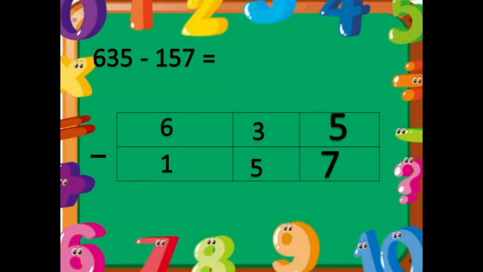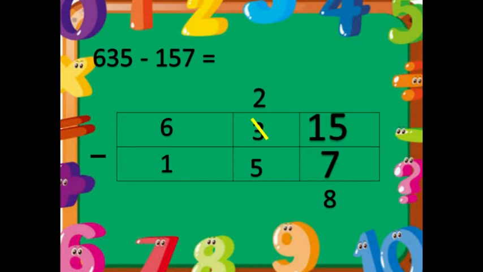borrow 10 from 3. If we borrow 1 from 3, the 3 will become 2, and then the 5 will become 15. So now we can start to subtract 15 and 7. 15 minus 7, the answer is 8. Now let's proceed to tens.